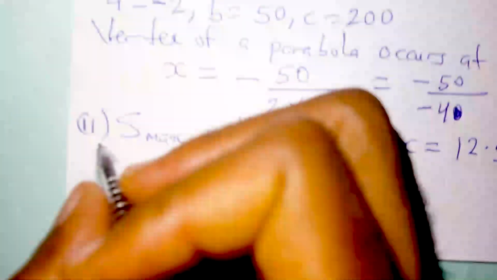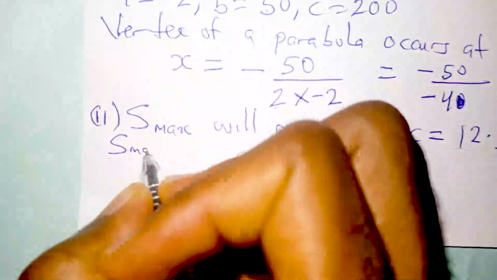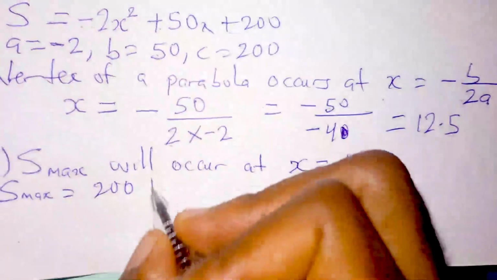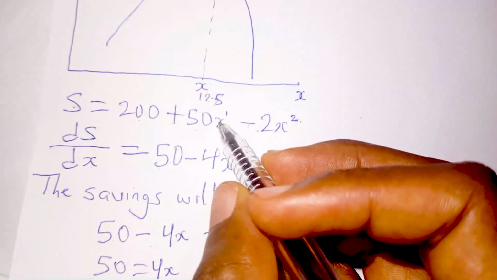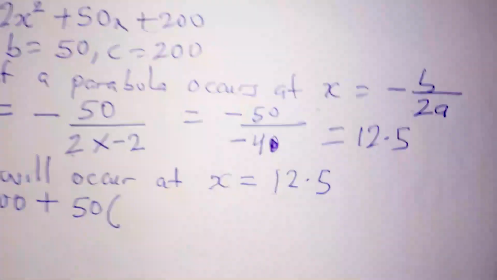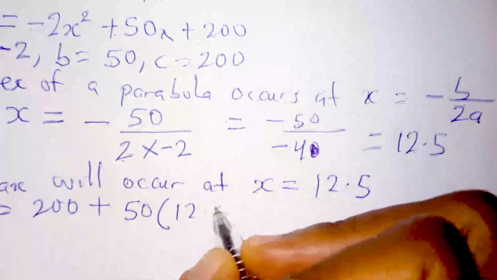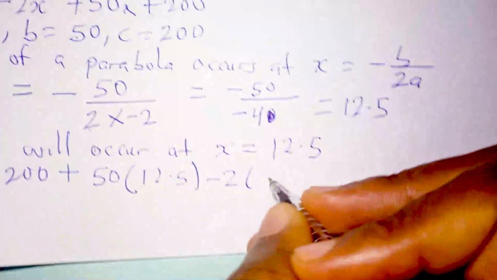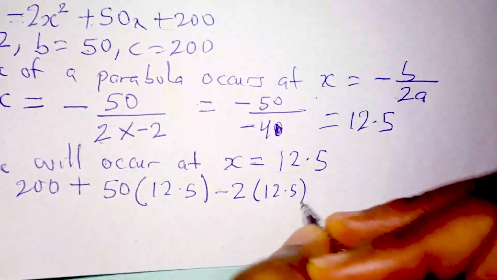So your S maximum, that's the maximum savings, is going to be 200, that's the first thing you have here, plus 50 into bracket, x is 12.5, then minus 2 into bracket 12.5 squared.